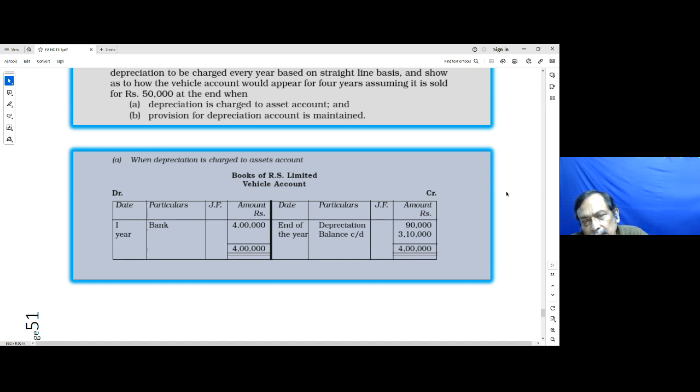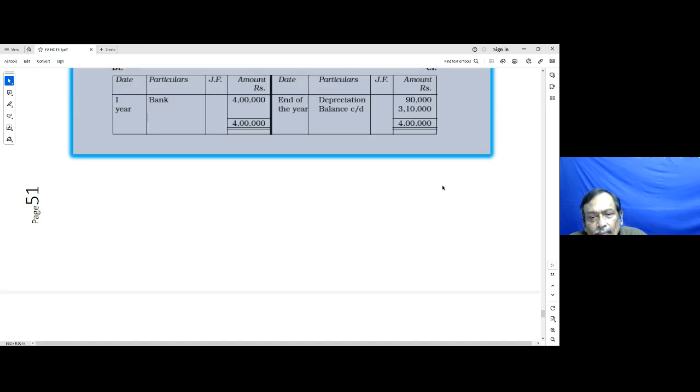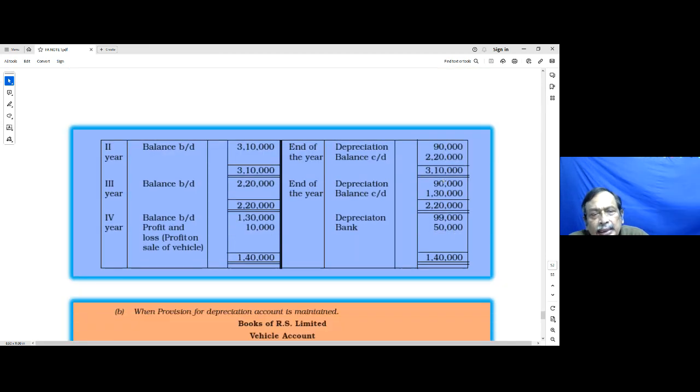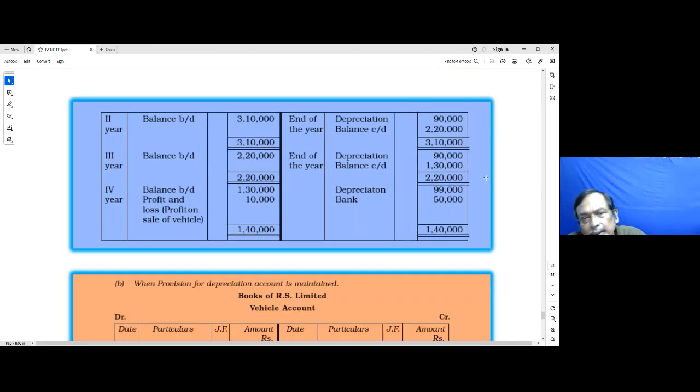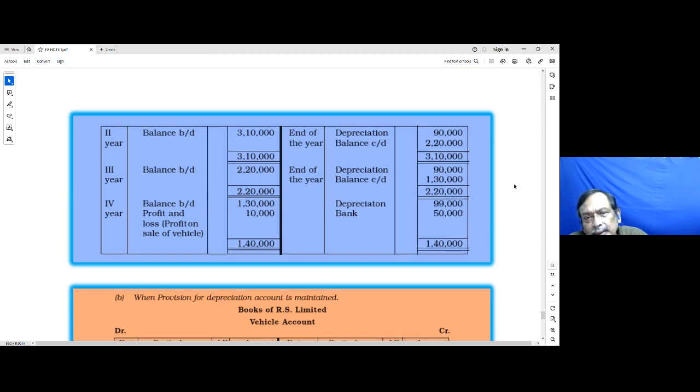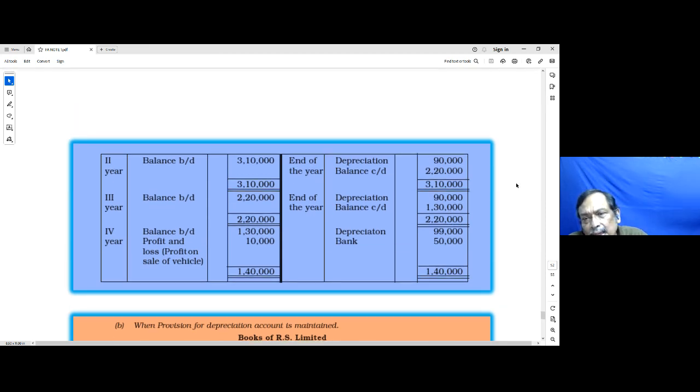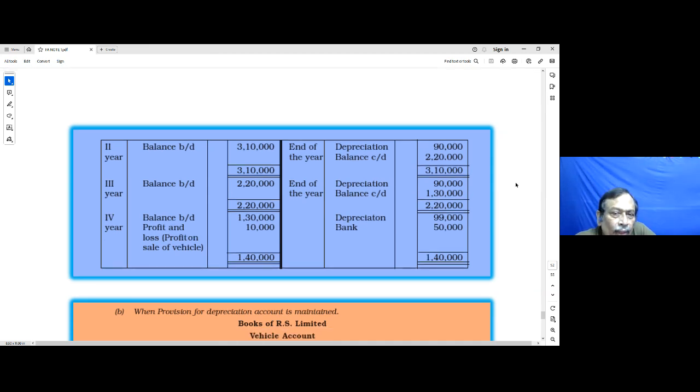Now, when depreciation is charged to asset account, then we write vehicle account debit, to bank 4 lakh, depreciation is 90,000 and balance carried down is 3 lakh 10. Then the balance is brought forward as 3 lakh 10 at the end of the year. By depreciation 90,000, by balance carried down 2 lakh 20.